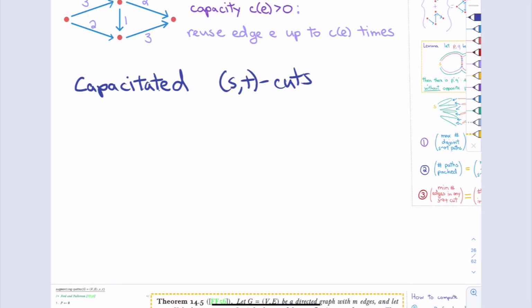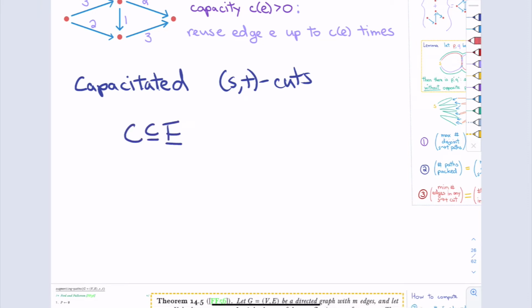So, if I'm given some set of edges C, this is just summing up the capacity of the cut. Now when I say I'm looking for the minimum ST cut, I really mean the minimum capacity ST cut. That is the quantity that actually limits the total amount of paths I can pack.